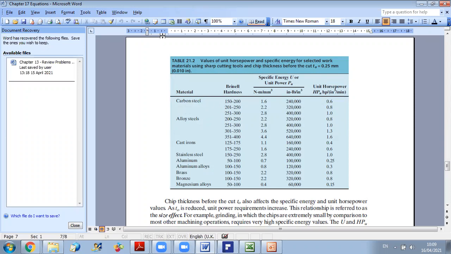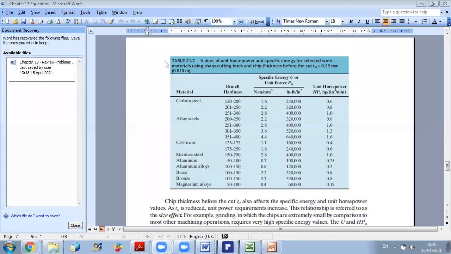So you go to this table, you try to select the corresponding value. So a Brinell hardness of 180 is in this range. So I will select the specific energy equal to 1.6 Newton meter per millimeter cubed. Or if I'm working in English units, I will select this value.